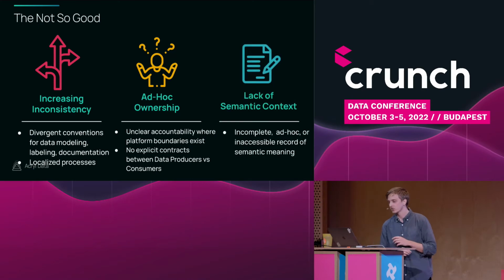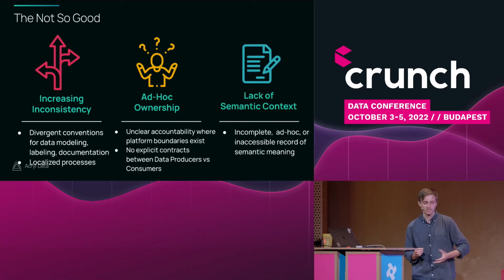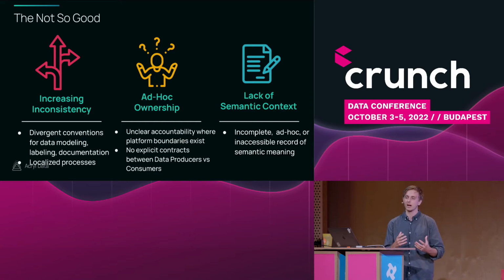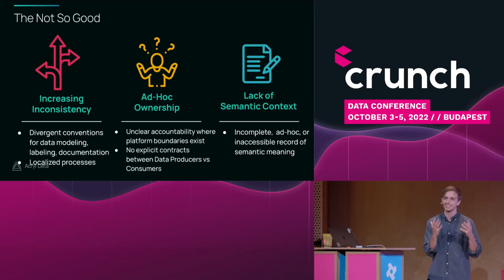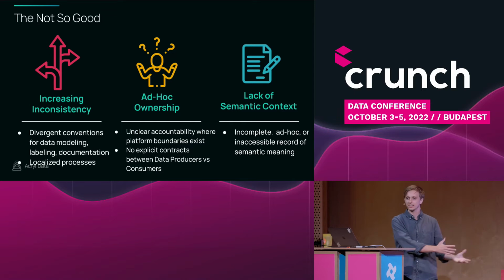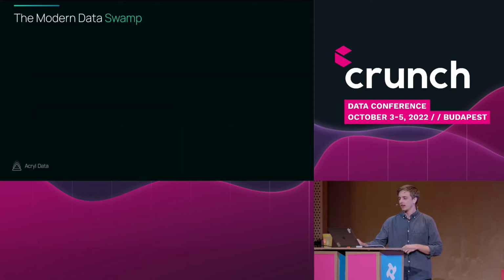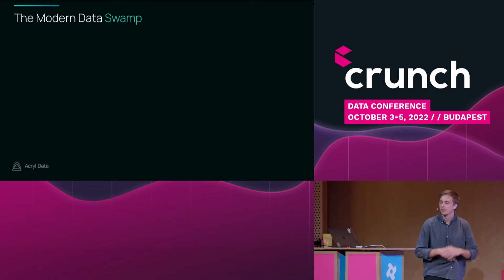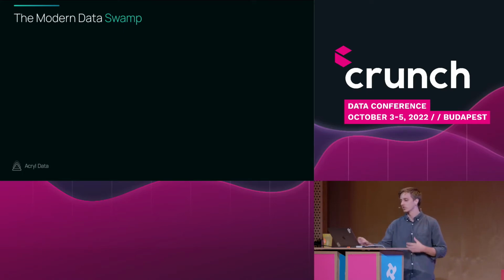And then finally, there's a lack of semantic context. And what I mean by that is there's a lack of logical metadata about why particular data assets exist, whether it's a data set in Snowflake or a dashboard on Looker. And this is what we coin the modern data swamp. And so what do we mean by this? Well, it's not a lack of high-value data.